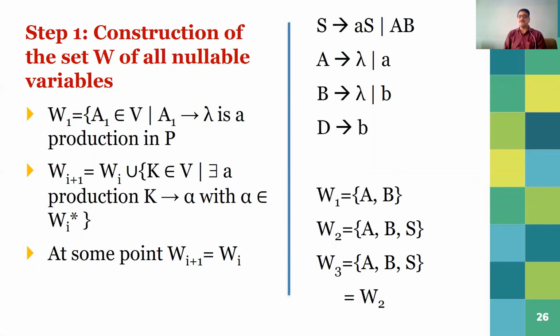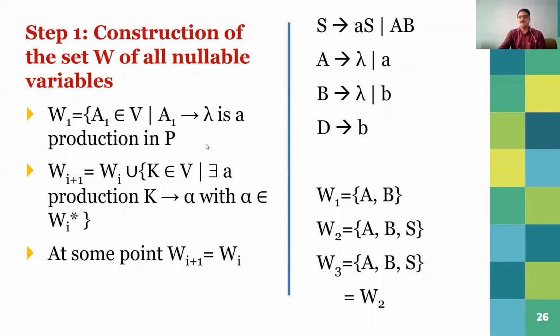Step one is that we have to construct the set of all nullable variables. We have to construct a set of variables that are producing null, and then, similar to the previous one, we will try further steps.